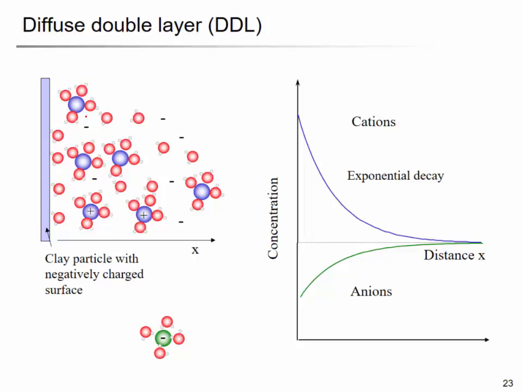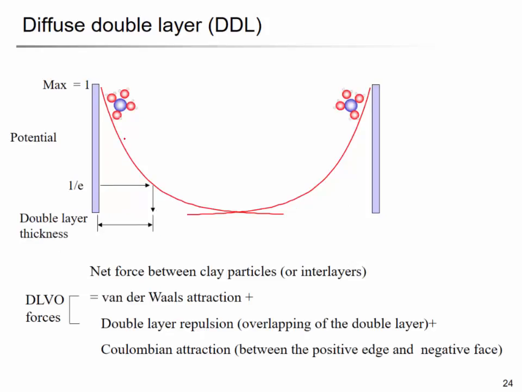So it has a different characteristic from the free water. So cation concentration will decrease as you go further away from the surface of the clay mineral. And when the zeta potential of this electric field decreases to 1 over e, that's what we define as the thickness of the double layer.